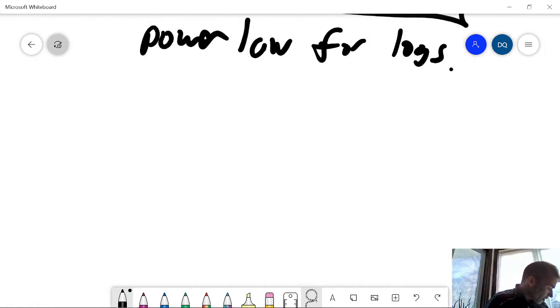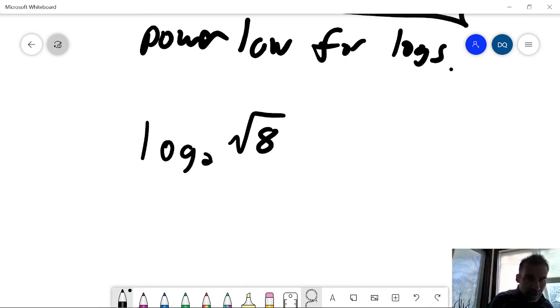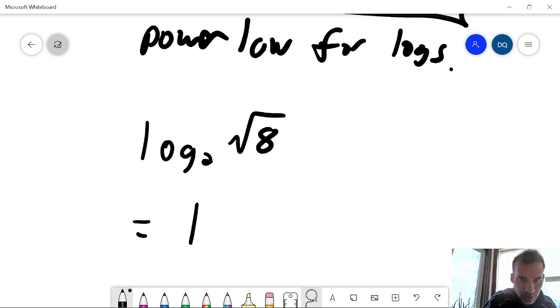Just grab another question out of your book. The base 2 log of the square root of 8. To evaluate this, the square root of 8 is 8 to the 1/2. So this is the base 2 log of 8 to the 1/2.